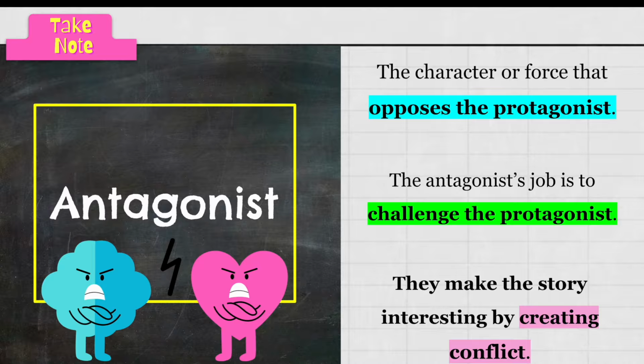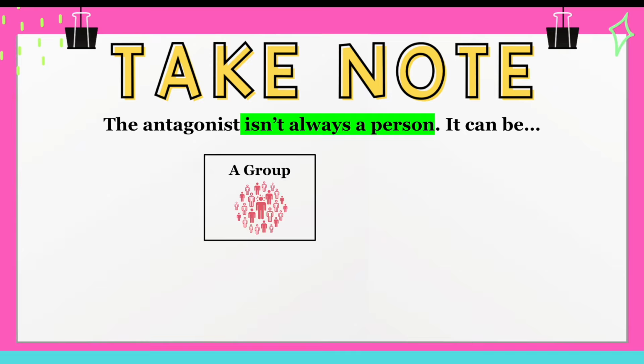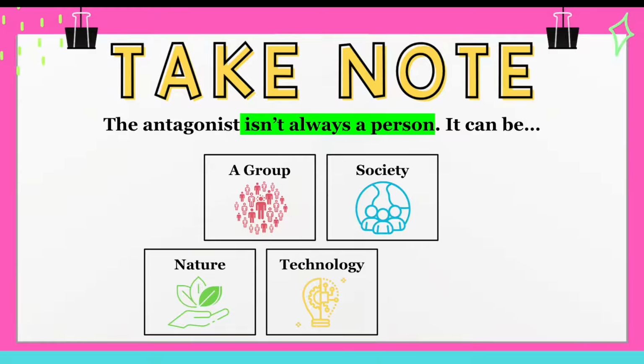Now, I want you to notice that it says up here, a character or force. I think sometimes we think that the antagonist has to be an actual named character in the story, but it doesn't. The antagonist isn't always a person. It's not always a character. It can be a group of people. It can be society. It could be nature. It could be technology.